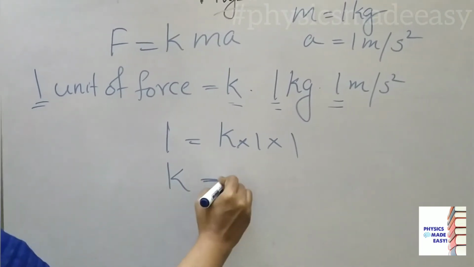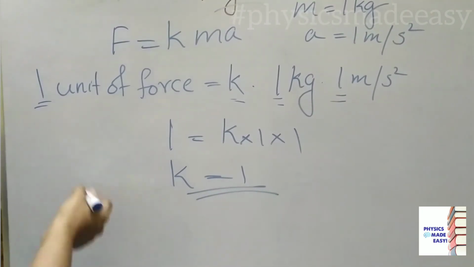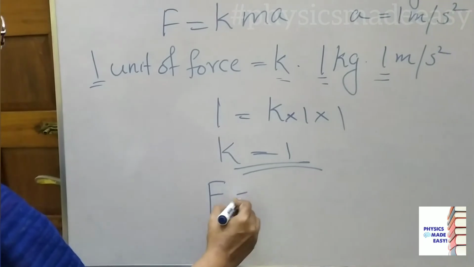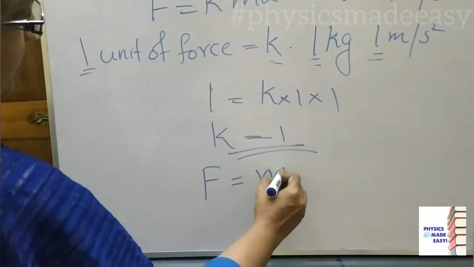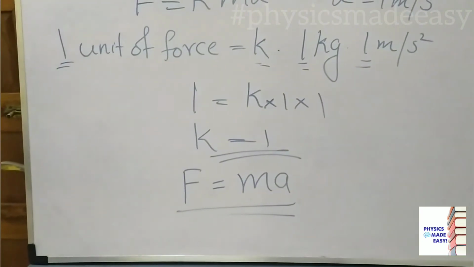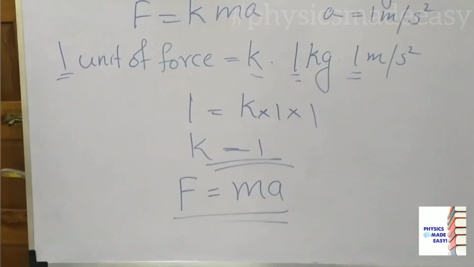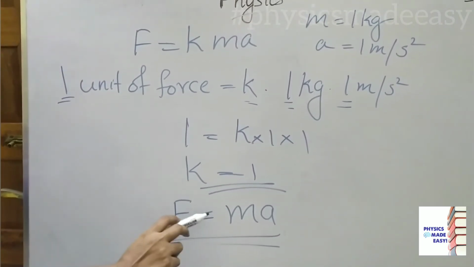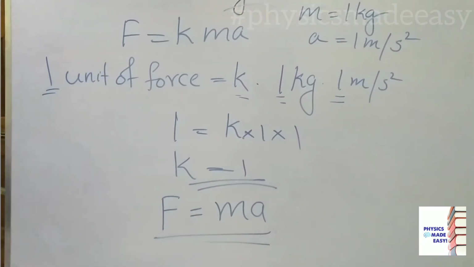From this we can write k is equal to 1. Then we can substitute this value k is equal to 1 in F is equal to k m a. Then you will get F is equal to ma. So from Newton's second law, we got one equation for force, that is the product of mass and acceleration.